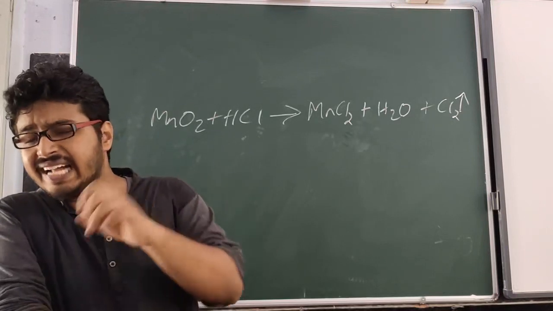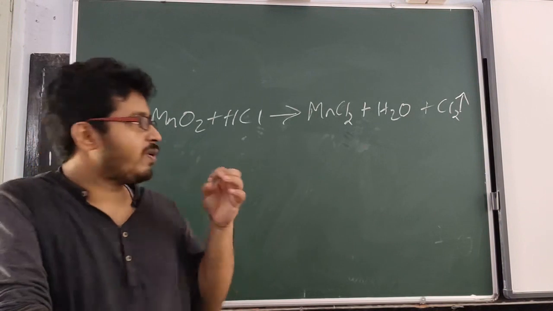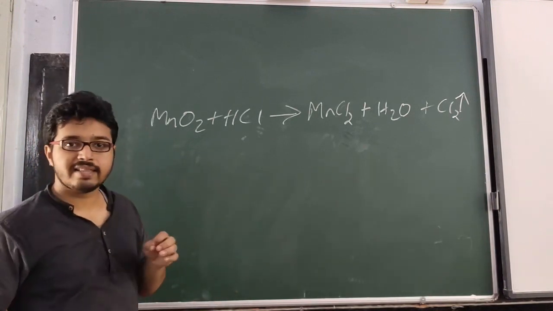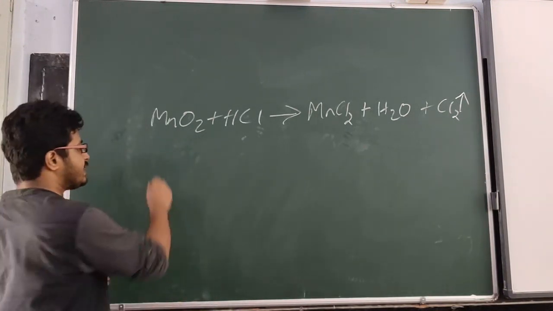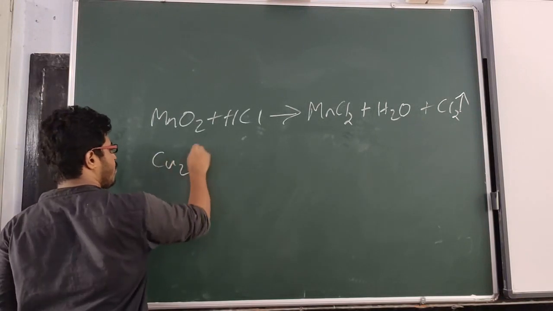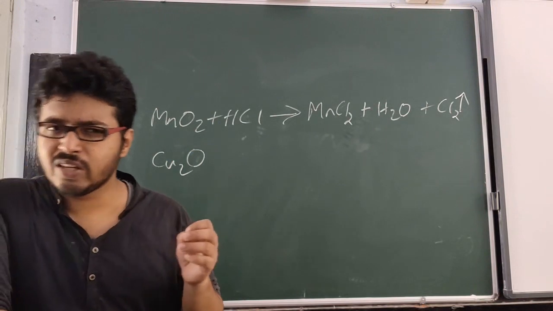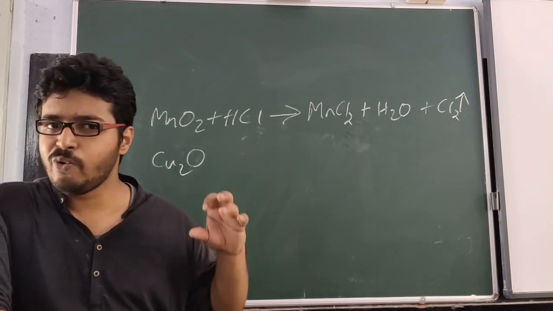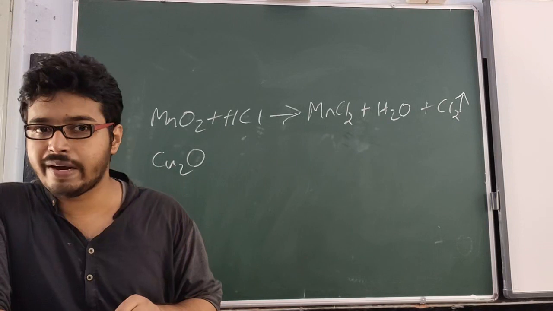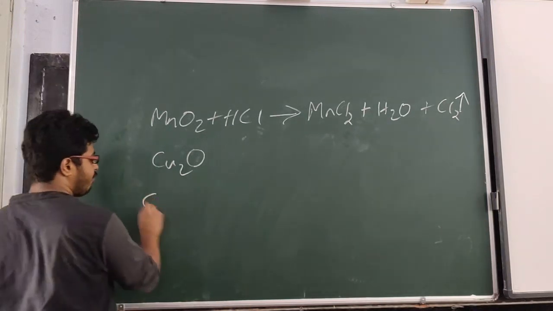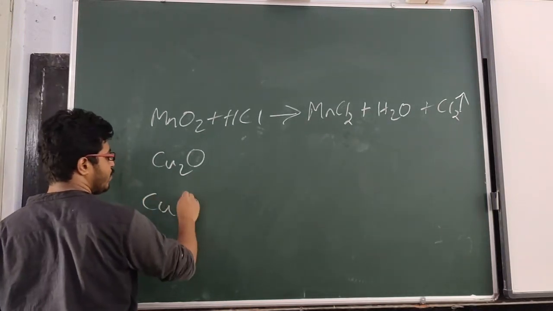Other than that, there is one more oxidizing agent that can be asked in the exam, that is Cu2O. Last time we discussed CuO, and CuO and Cu2O are both different. What is the difference between CuO and Cu2O?